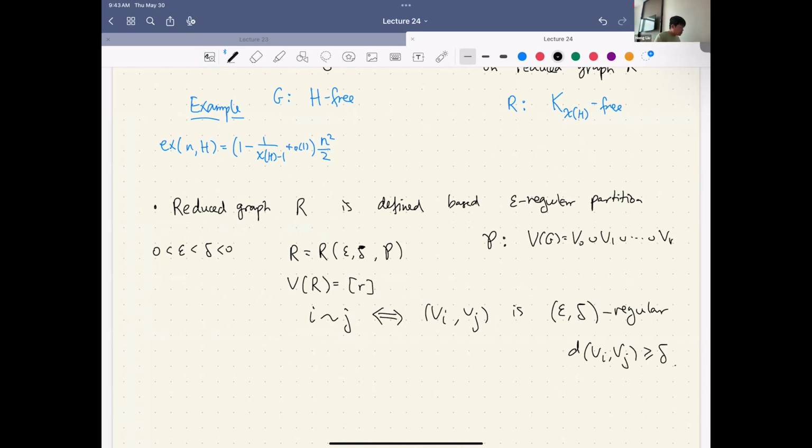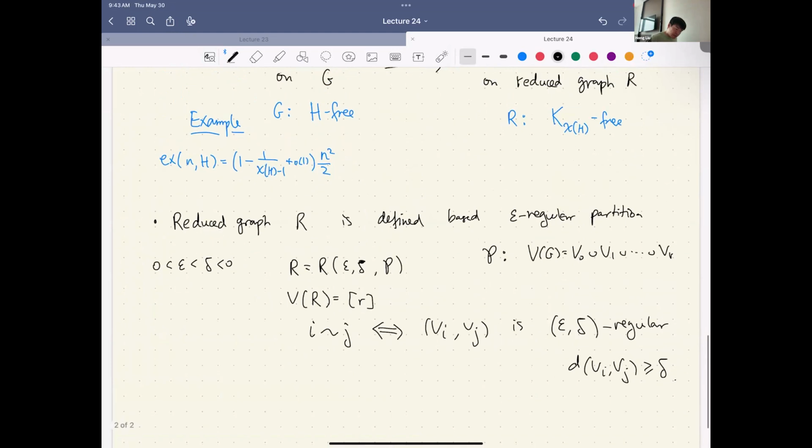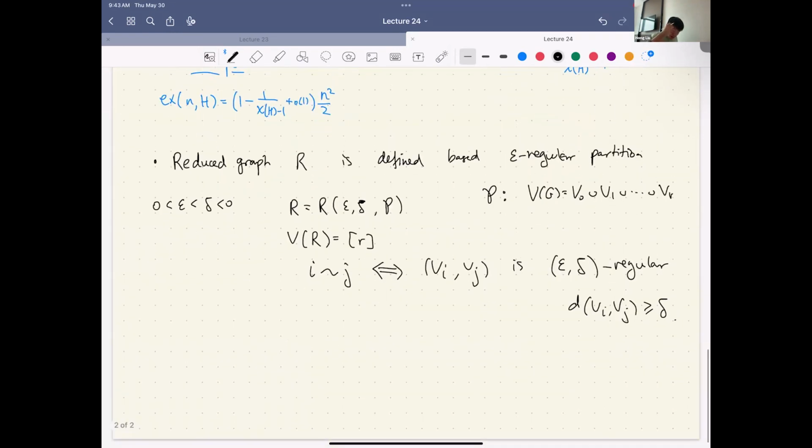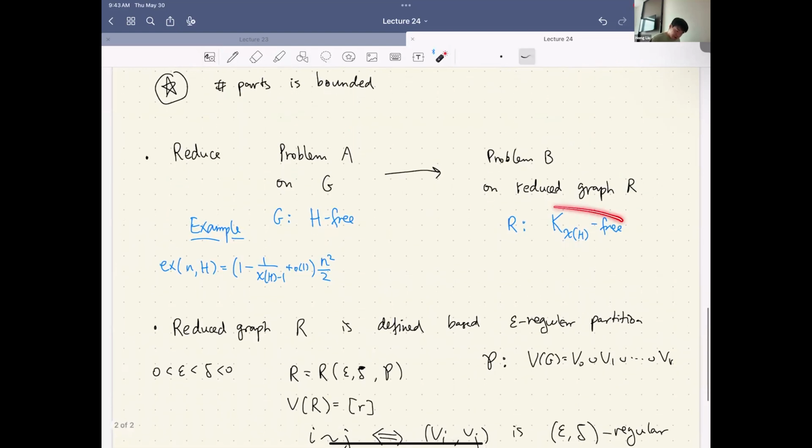So we can now state this embedding lemma. Before stating the embedding lemma, let me rephrase this thing.